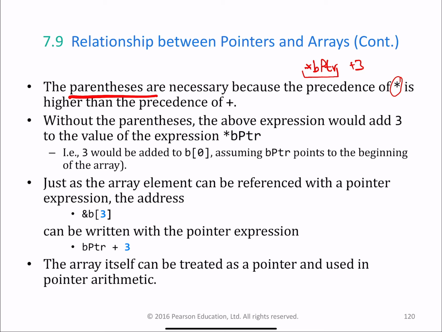So basically, in other terms, that would be the same as this. That's not what we're looking for. What we're trying to do here is we want this to be the same as this. All right, so that's why these parentheses over here are necessary.